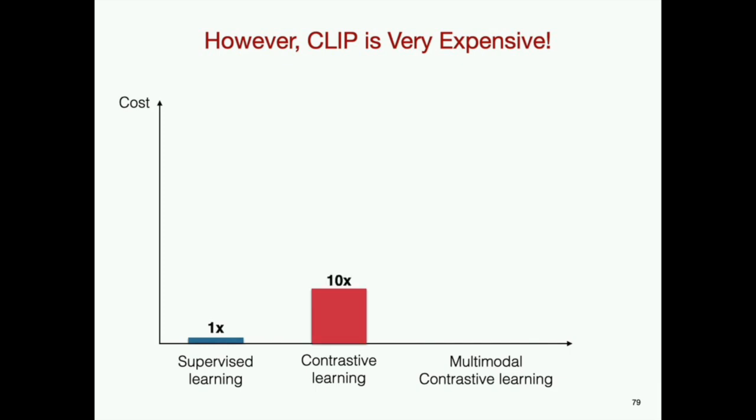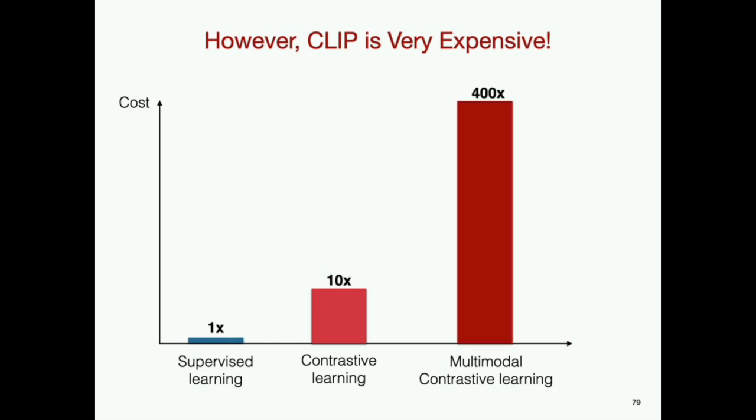We had that contrastive learning is 10 times more expensive. But actually, CLIP, multimodal contrastive learning, can be up to 400 times more expensive. This is because of the large volume of data you need to be able to train a good image and text encoder that can generalize zero-shot to a bunch of different tasks.